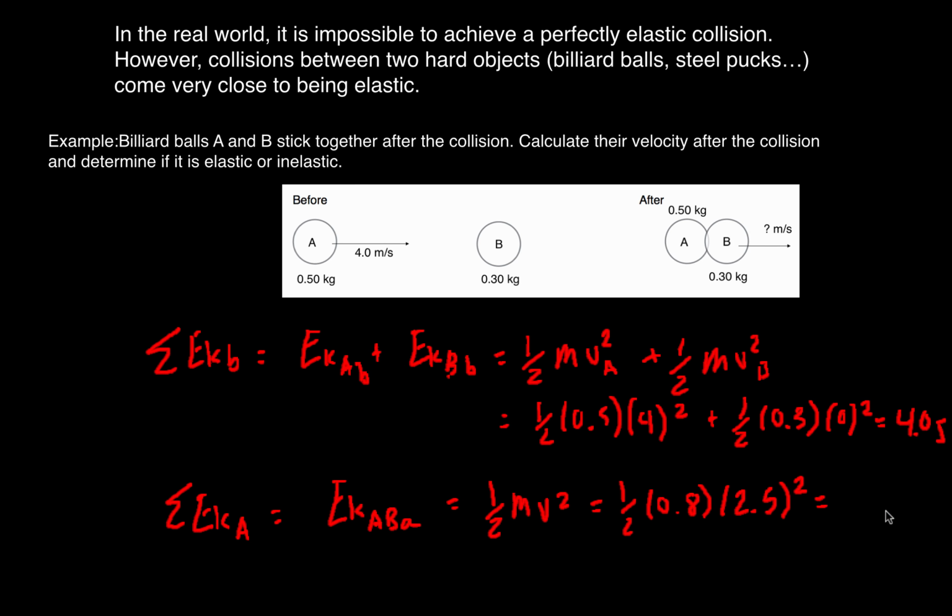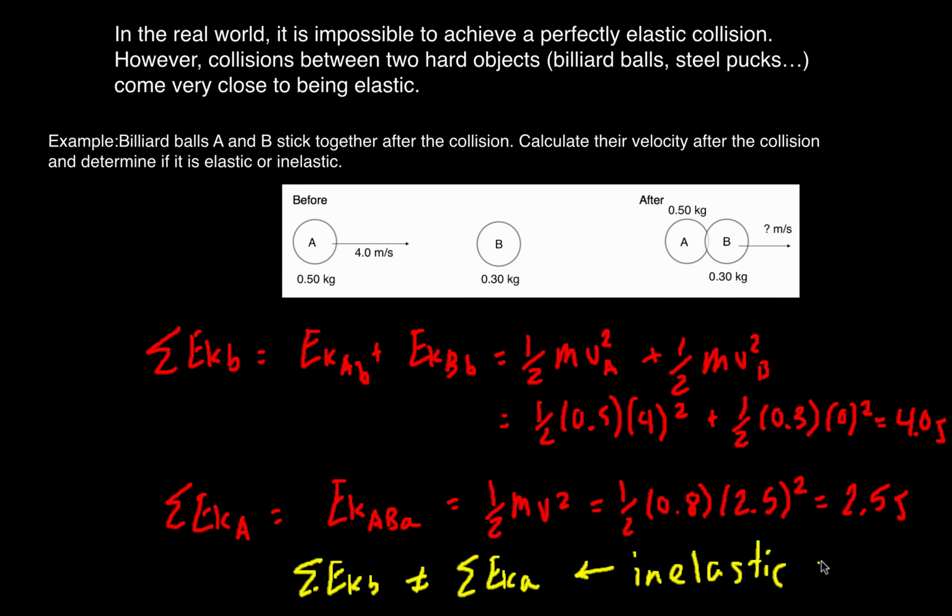This gives us a total kinetic energy of 2.5 joules after the collision. And since the sum of the EK before the collision is not equal to the sum of the EK after the collision, this tells us that we have an inelastic collision.